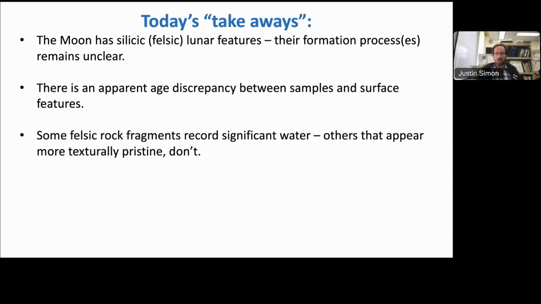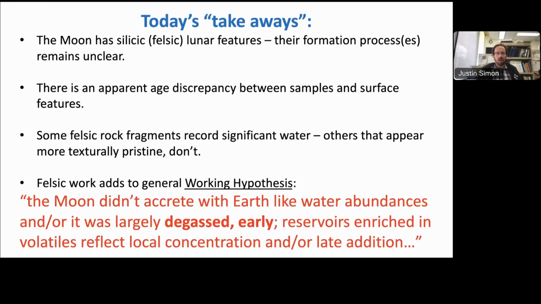Felsic rocks do record significant water, but others that perhaps are more texturally pristine don't. And so this body of work, I think, adds to a general working hypothesis. I wouldn't claim it as completely my own at all, but it is a hypothesis in progress.